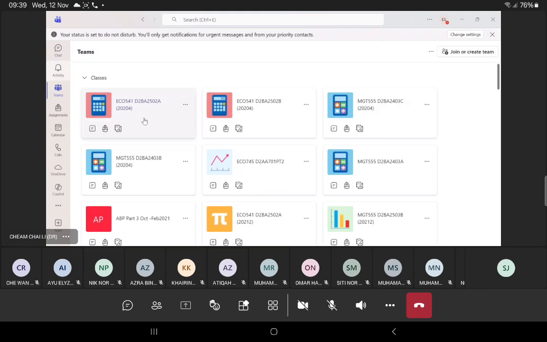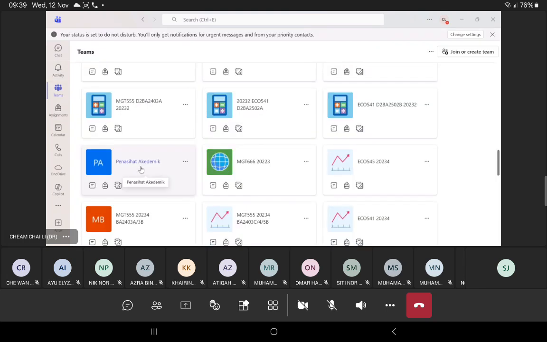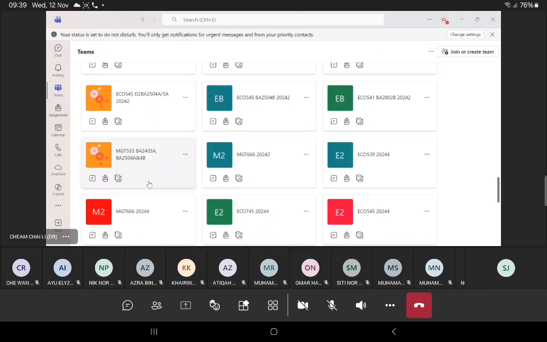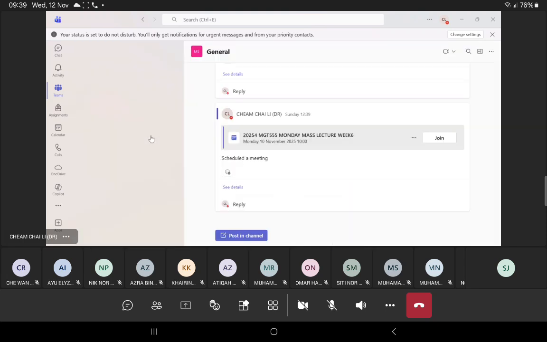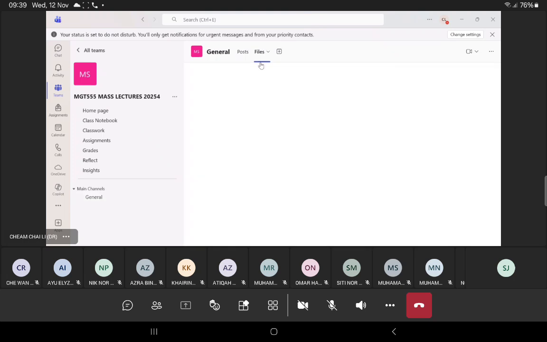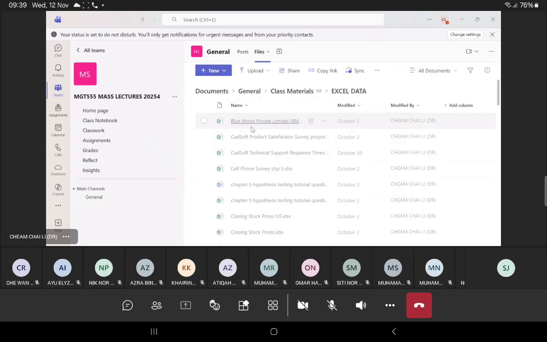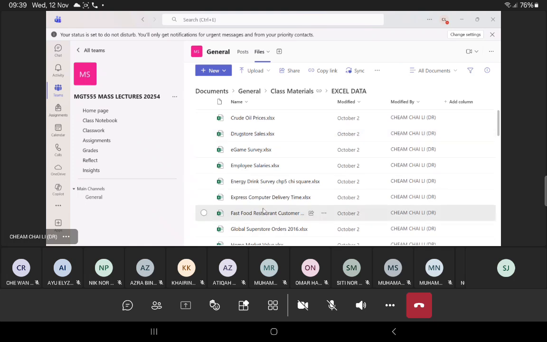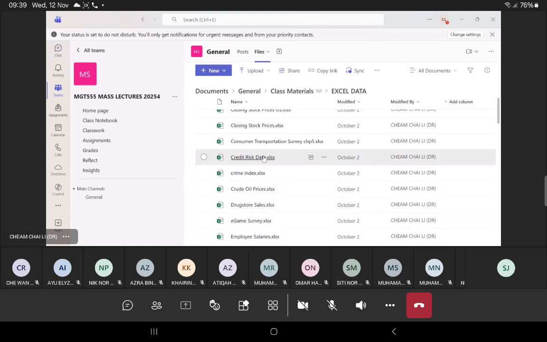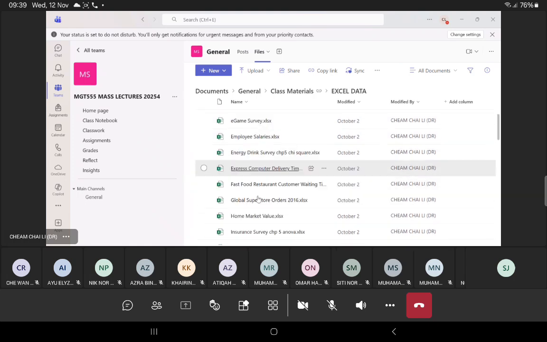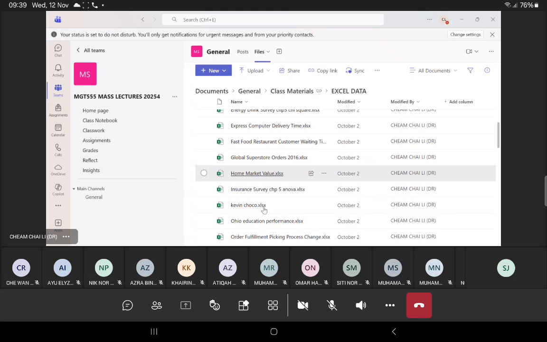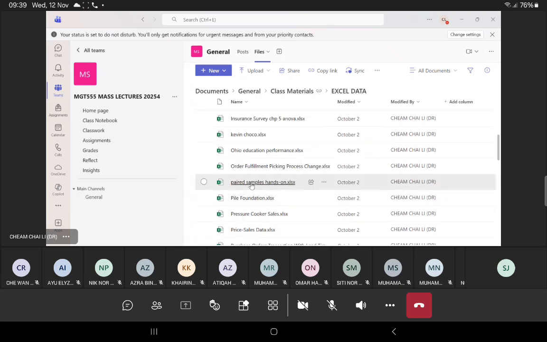It's somewhere in your mass lecture group. Mass lecture, go to files. Take the class material, Excel data. You choose PET sample, hands-on. And this one.